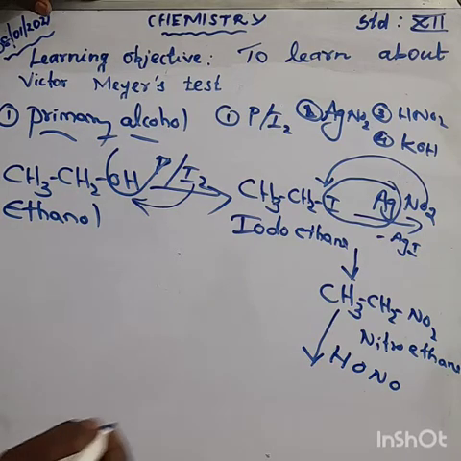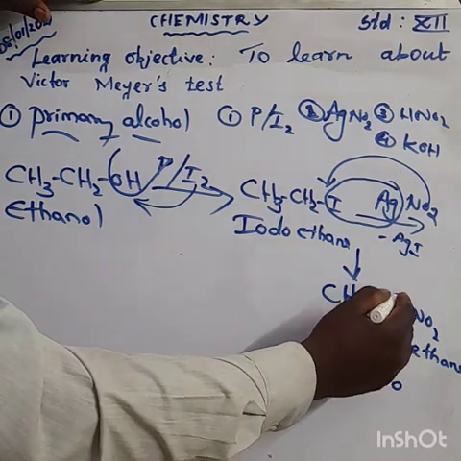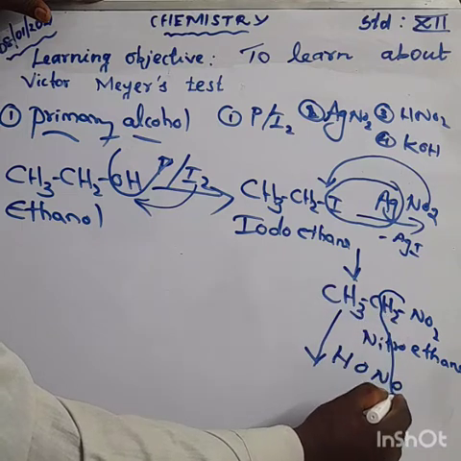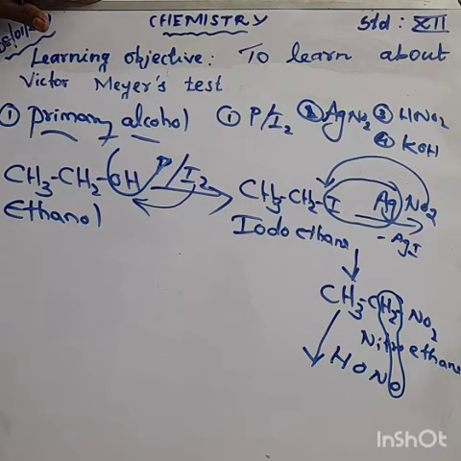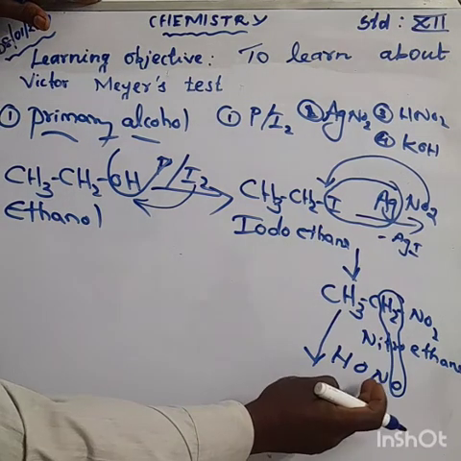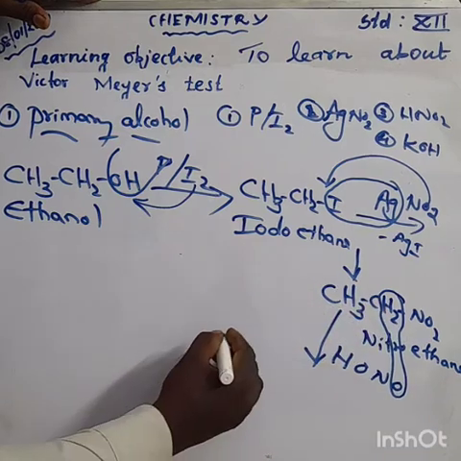So, can you say what's the product here? The hydrogen combines with oxygen. So we get water. So what's the product obtained? The NO will be attached there.